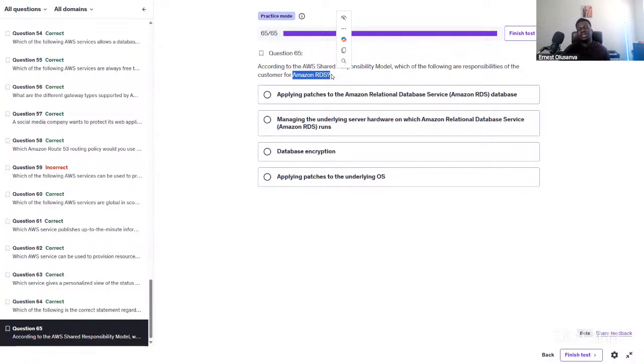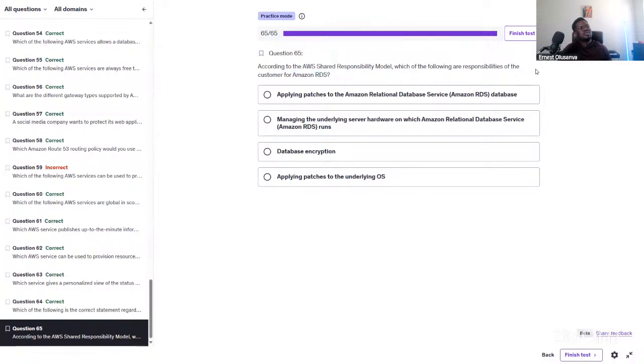Is it the one that is given to you free to figure out and put your own operating system? The answer is no. It is fully managed, which means that you will not be able to have access to the underlying infrastructure. You cannot change the application. You cannot change the operating system. You only have control over the data that you put into RDS.